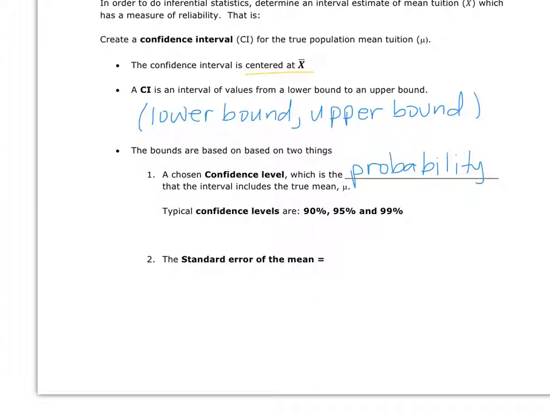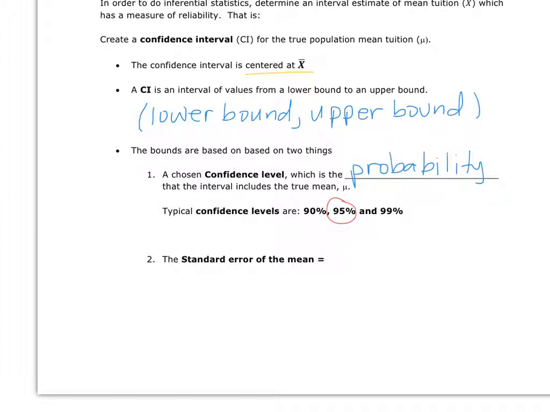Okay, so we can choose this probability. We can choose how confident we want to be. Typically, the values that are used are 90%, 95%, and 99%, with 95 being the most common. Okay, so we can choose what we want. So that's one thing that determines what that lower bound and upper bound is.